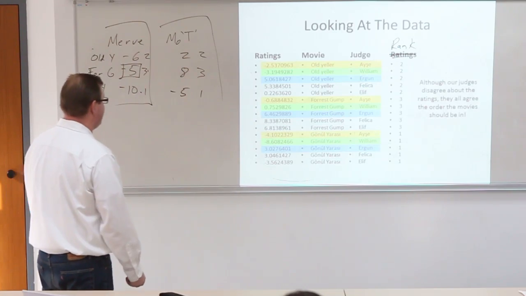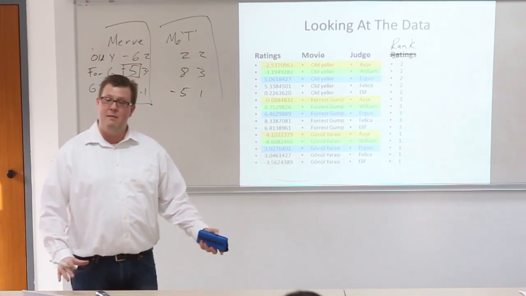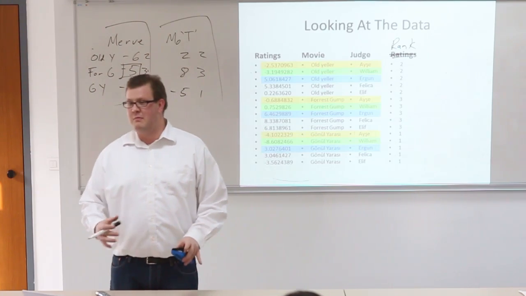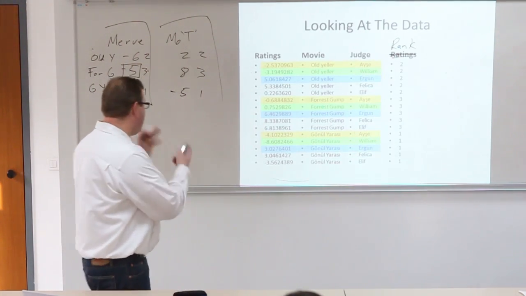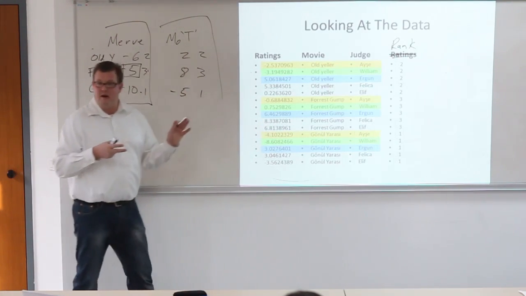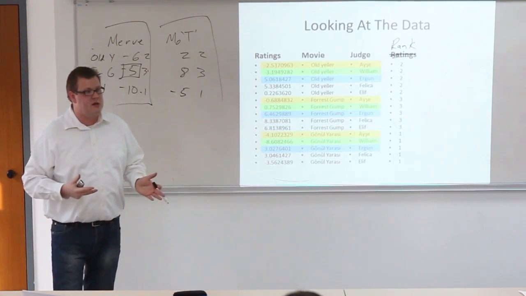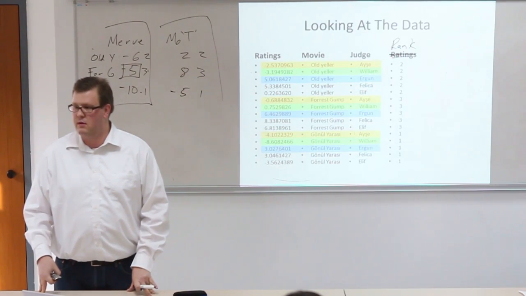So if you look at this, all of the ranks are exactly the same. I promise when I give you homework, I will not make the data this clean for you. I'll make it a bit more messy. But basically here, all of the raters are in complete agreement about which movie is best and which movie is worst.